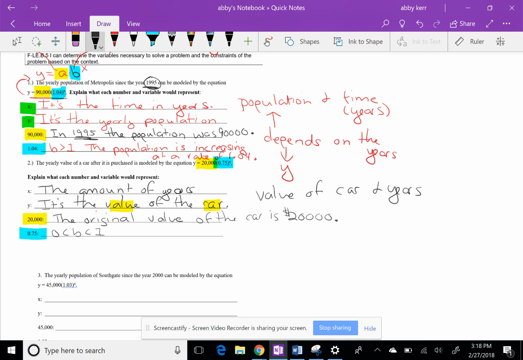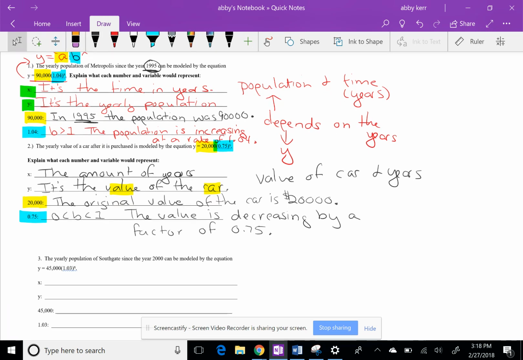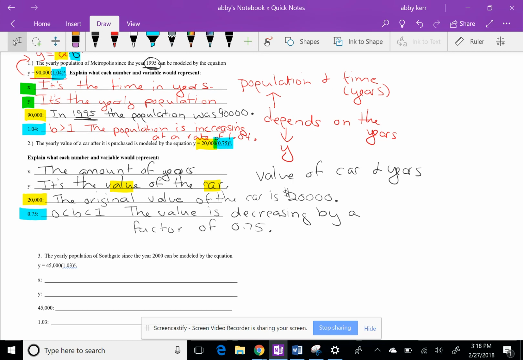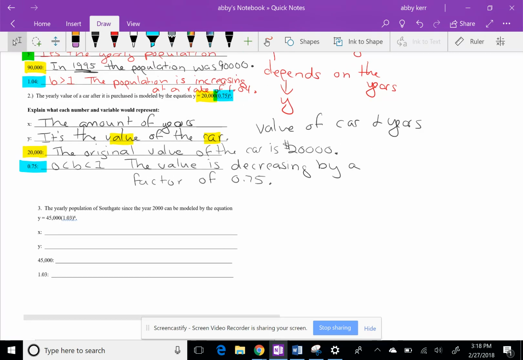If your b value is in between 0 and 1, that's a decay. That means the value in this case is decreasing. So you can say the value is decreasing by a factor of 0.75. You could also write that it is a decay factor of 0.75, something along those lines.